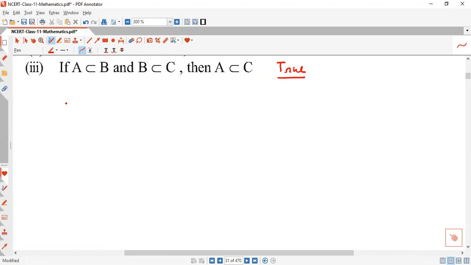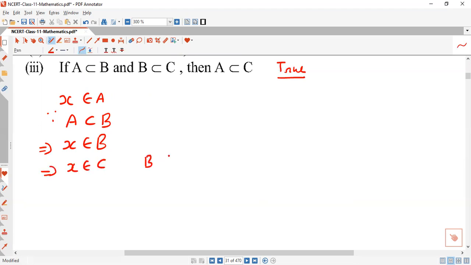Since A is a subset of B, let's say X belongs to A, so X also belongs to B, since A is a subset of B. Now we say that B is a subset of C, so X also belongs to C. So X belongs to A implies that X belongs to C. It means A is a subset of C.